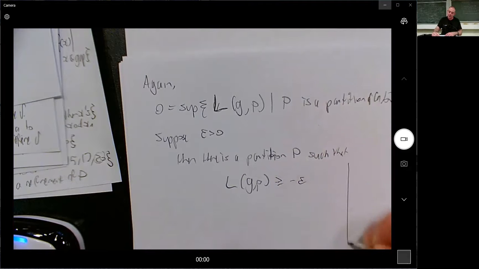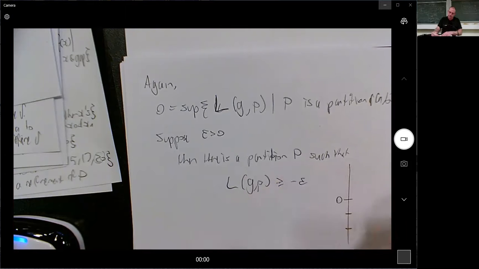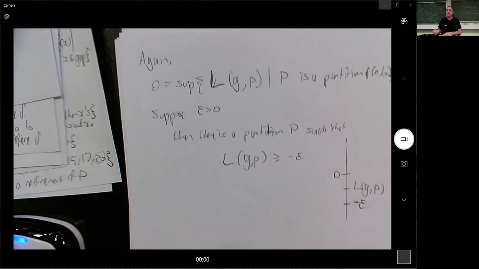So this time I'm approaching 0 from below.